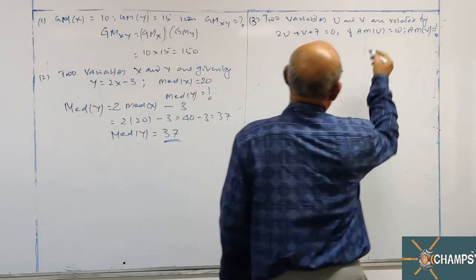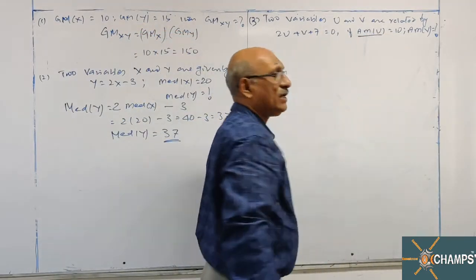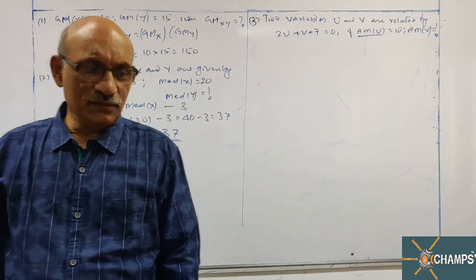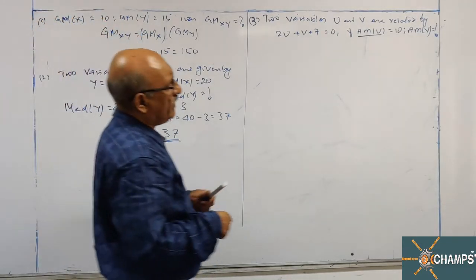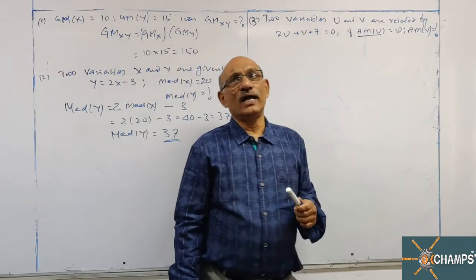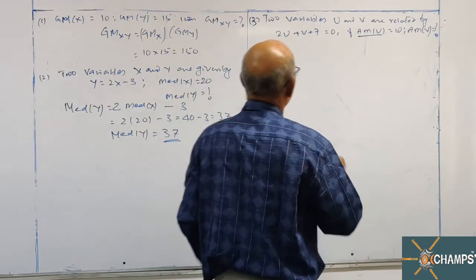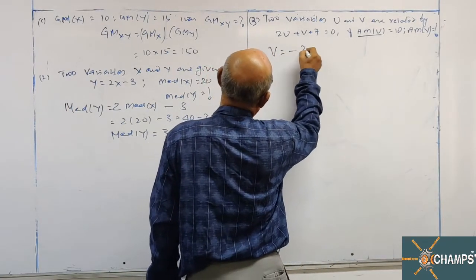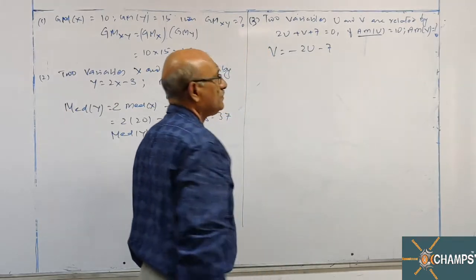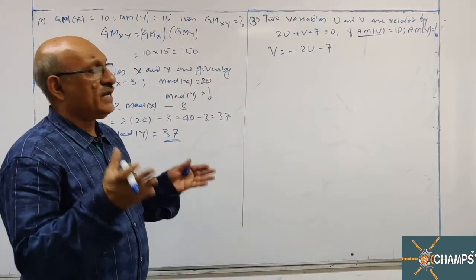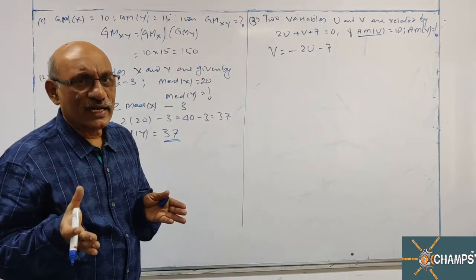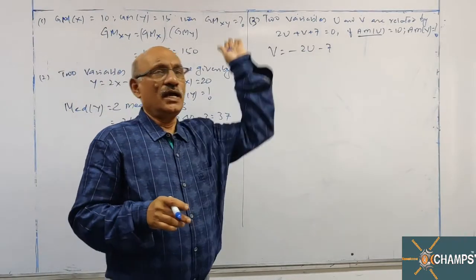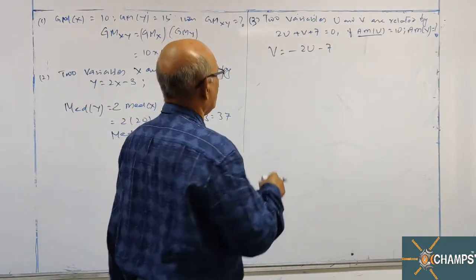The variable whose value is given is the independent variable, and the variable whose value we have to calculate is the dependent variable. So v is equal to minus 2u minus 7.